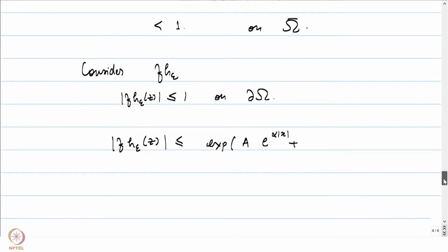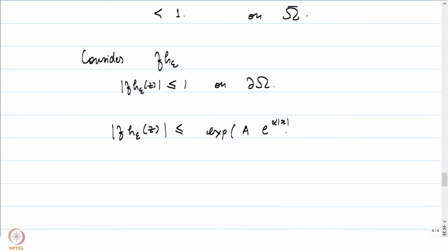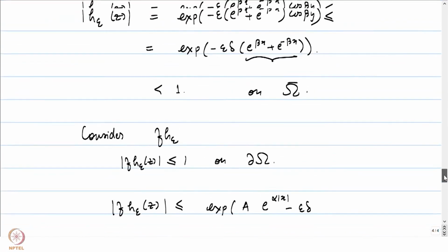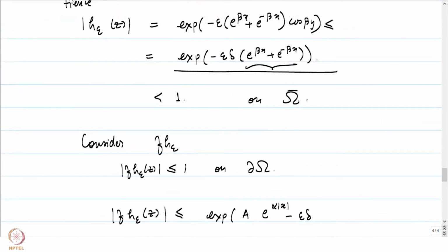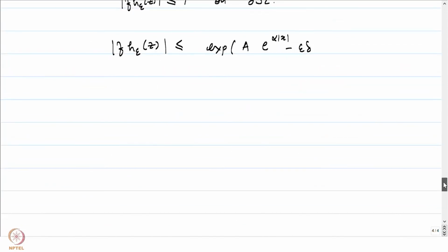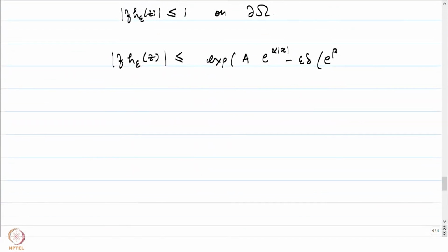It's bounded by the exponential of minus epsilon delta. Let me just put the bound that we already obtained. Minus epsilon delta times e to the power beta x plus e to the power minus beta x. This is precisely the bound that we have when we look at arbitrary points of omega. So this is true for z in omega.